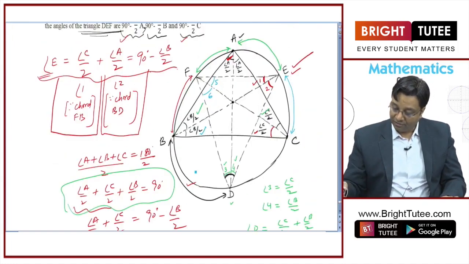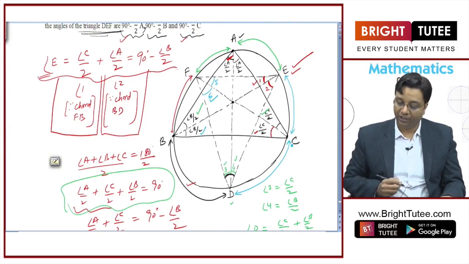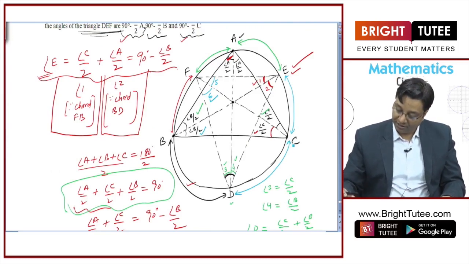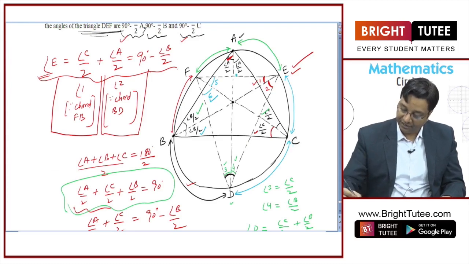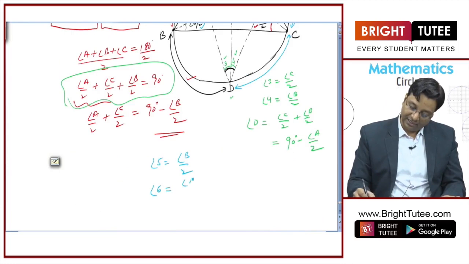Okay, now which part is left? Angle 5 I have already considered. Now I will take angle 6. Angle 6 is subtended by arc CD at point F, and which other angle is subtended by arc CD in the same segment? Angle A by 2. So angle 6 is equal to angle A by 2.